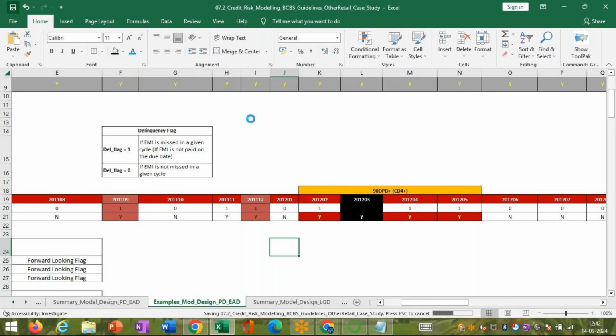Now, obviously there will be a probation period. So it takes into account cure, takes into account probation, if any prepayments are done, and so on. There are different factors which are taken in revising the flags. So maybe you are put into a probation for the next 6 months.